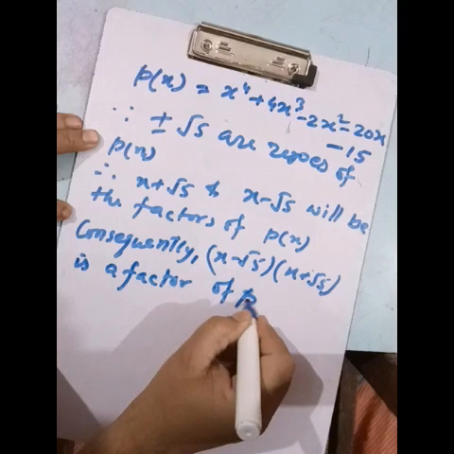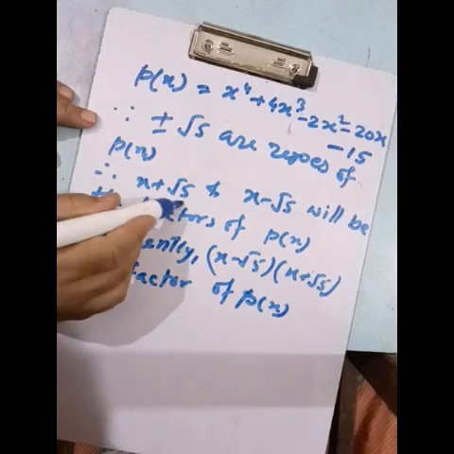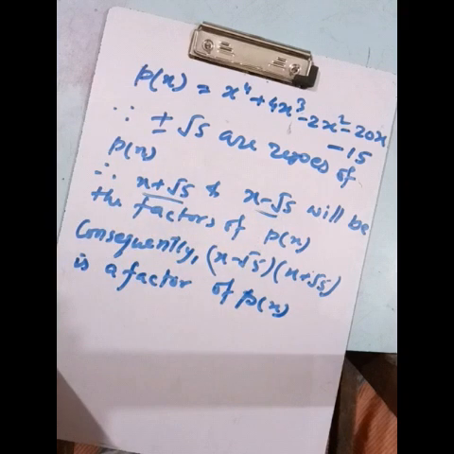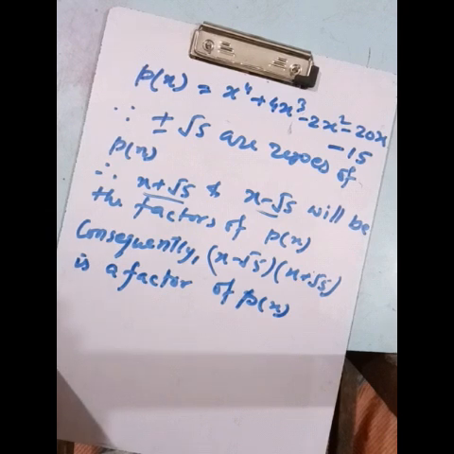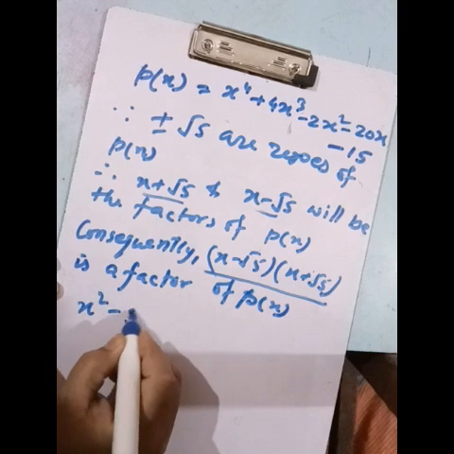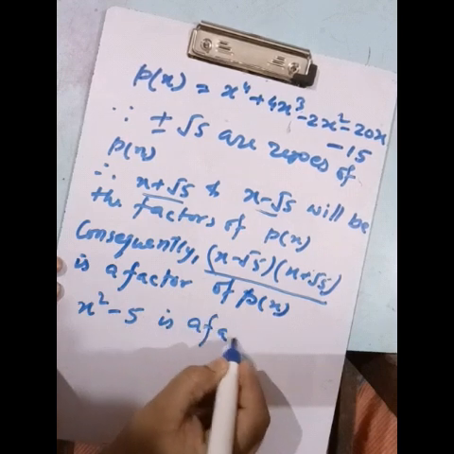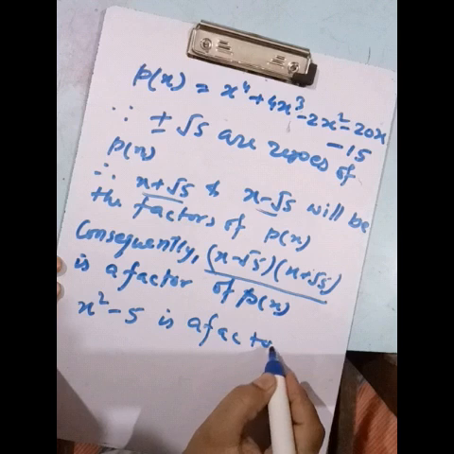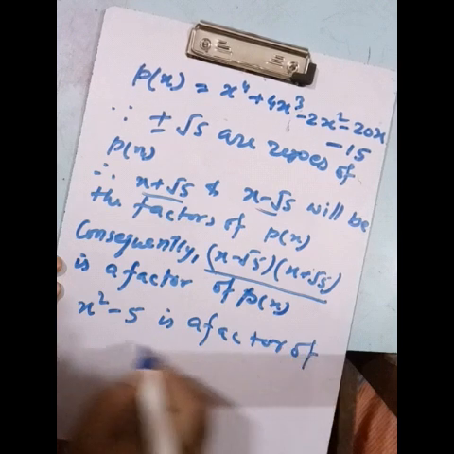What I told, I have taken this as a factor and this as a factor, these two are factors of the given polynomial, so the product of these two factors will also be a factor of the given polynomial. So we use the same formula here: therefore x square minus 5 is a factor of p(x).